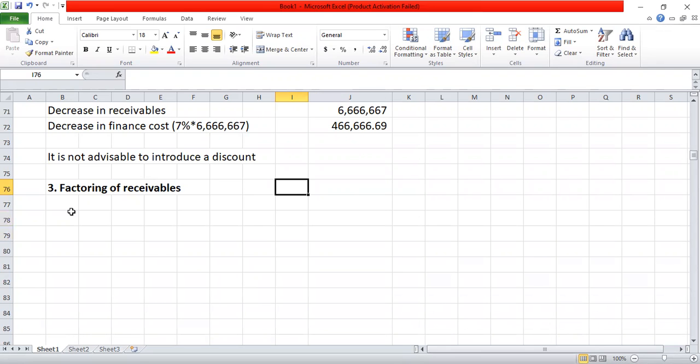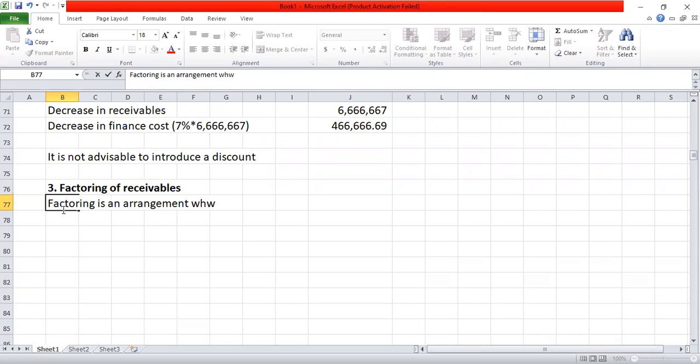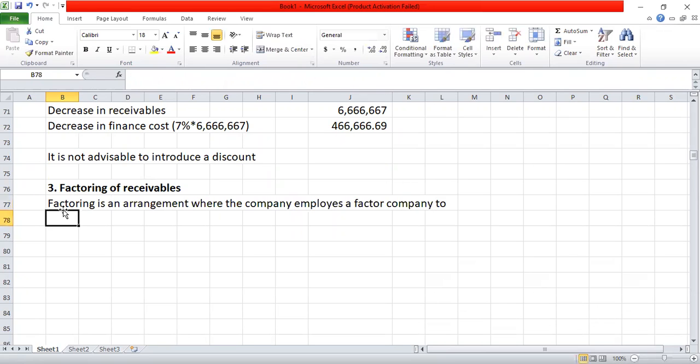So we can say that factoring is an arrangement where the company employs a factor company to manage its receivable ledger.